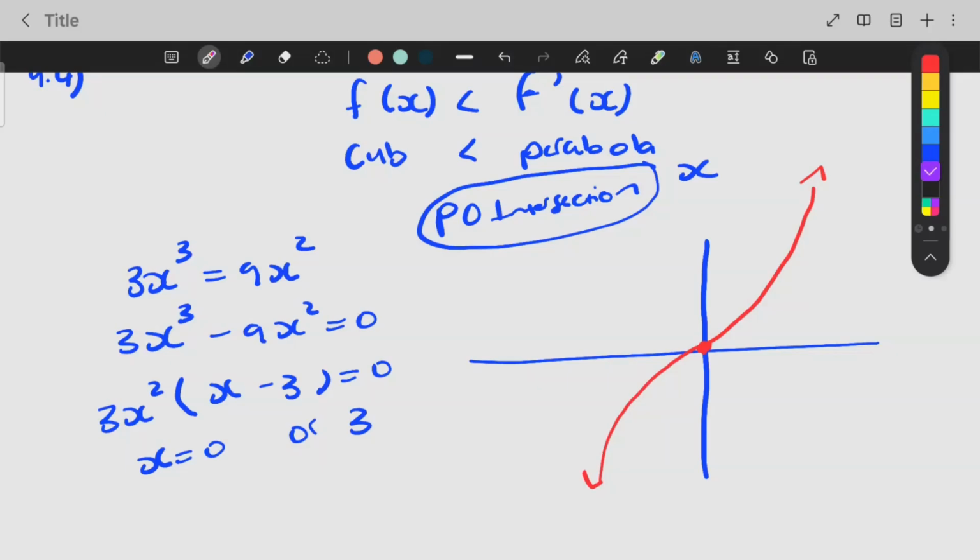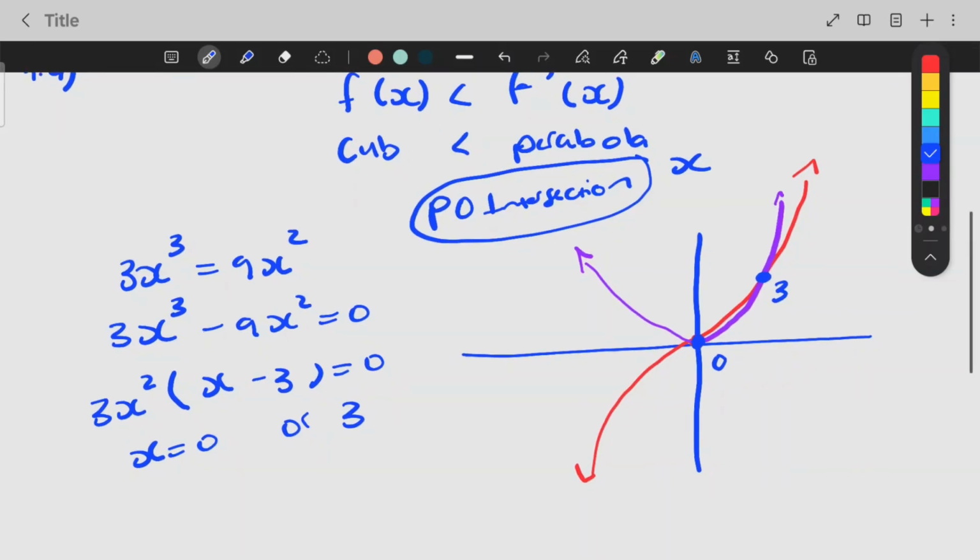Then the parabola would look something like that. You can sketch it, use your calculator. Then there's a point of intersection. Let me use another color, blue. There's a point of intersection here and there. So x is 0 here and x is 3 here.